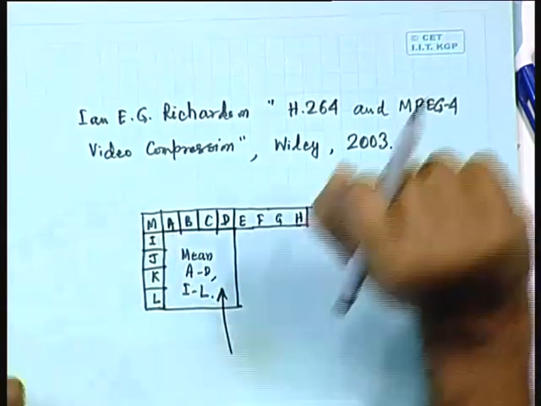So, where are you going to use the DC prediction? Definitely when you find that the block which is to be intra predicted pertains to a very smooth area, and there is hardly any variation with respect to its horizontal neighbors or vertical neighbors, then it makes much sense in going in for the computation of mean of A to D and I to L in mode 2.